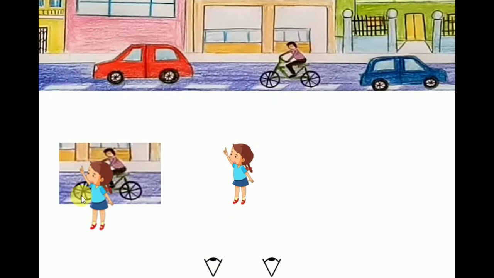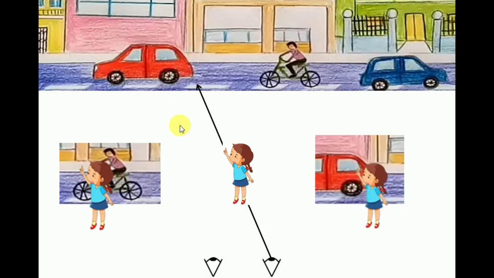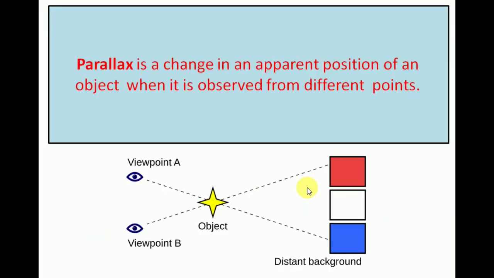And if you look from this eye, she will appear in front of the car. So if you change the position of the observation point, the position of the object also changes, and this effect is called the parallax effect. So parallax is the change in apparent position of an object when it is observed from a different position.